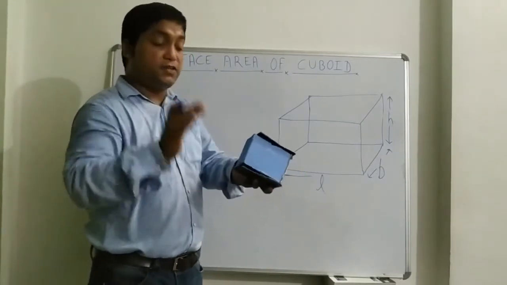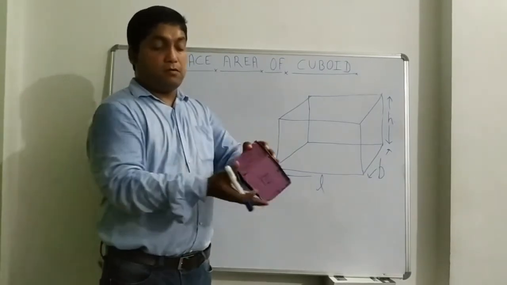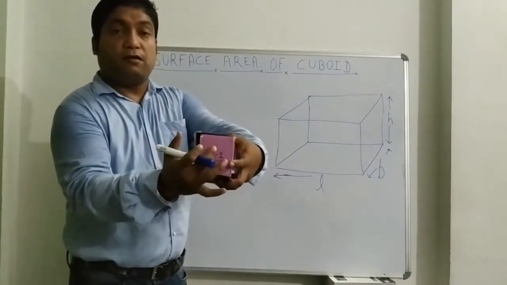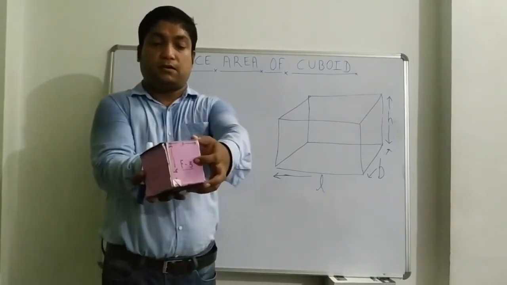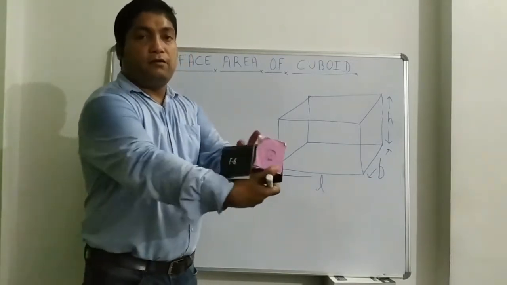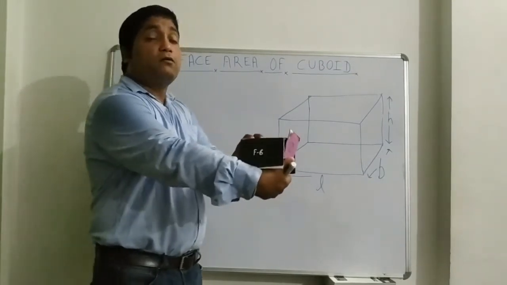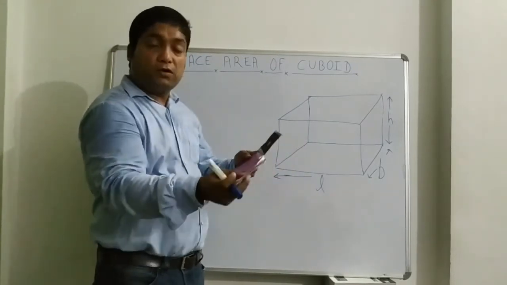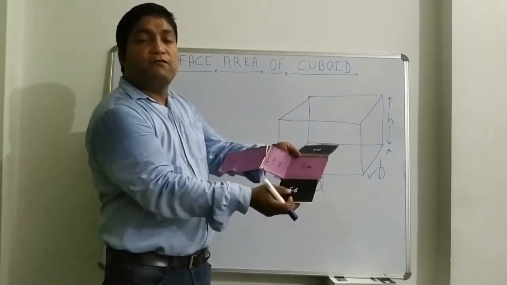It means there are 6 faces: face 1, face 2, face 3, face 4, face 5, and face 6. If we want to find the surface area of a cuboid, what should we do? Just find the area of these faces.